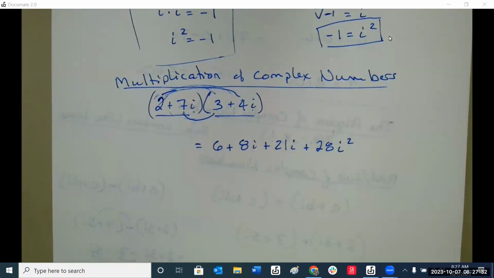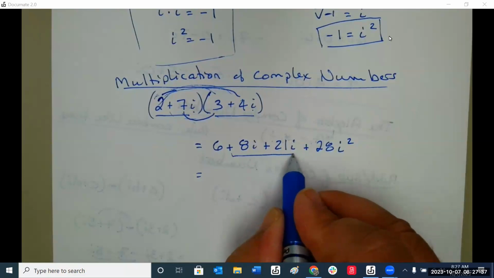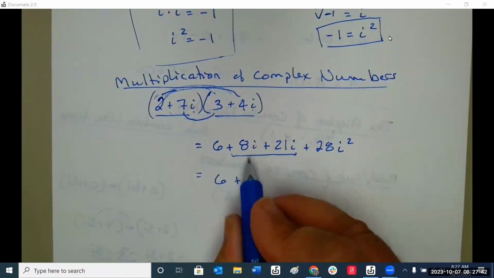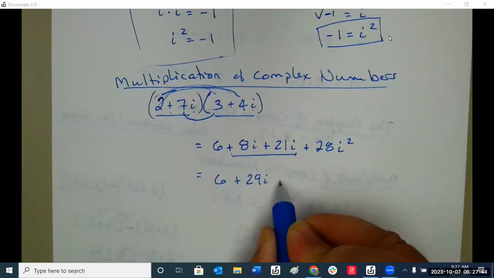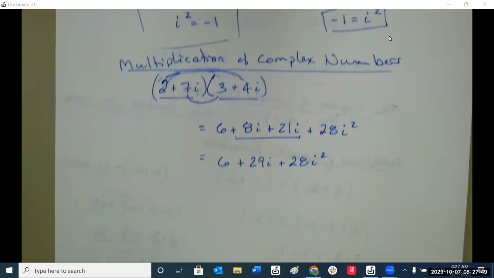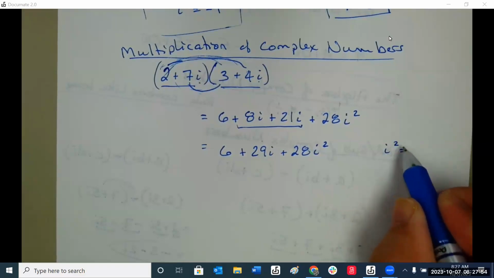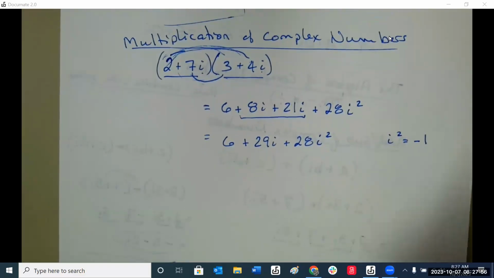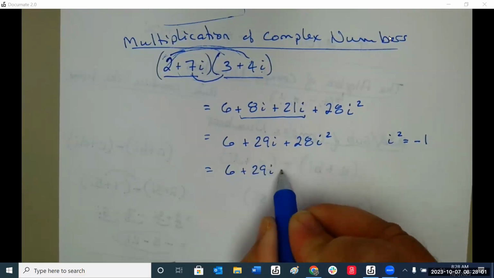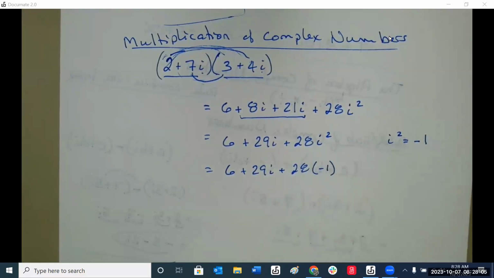Okay, we got rid of the parentheses. We have to combine like terms. So right now, these are like terms. They're both positive. 21 plus 8 is 29i. But remember, whenever you see an i squared, replace it with a -1. So i squared becomes -1.